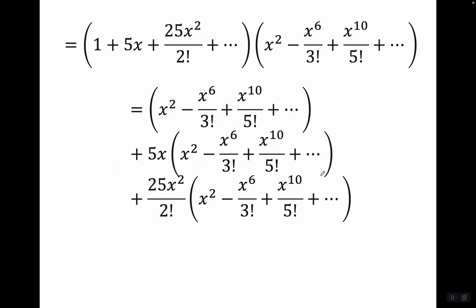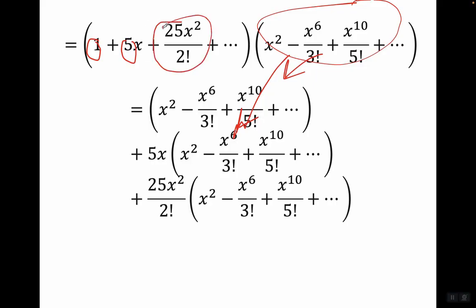Let's multiply them out. So you take the 1 and you multiply it by each of these, and you just get x squared, minus x to the 6th over 3 factorial plus x to the 10th over 5 factorial. Multiply the 5x by this, and you end up with 5x times that same thing.